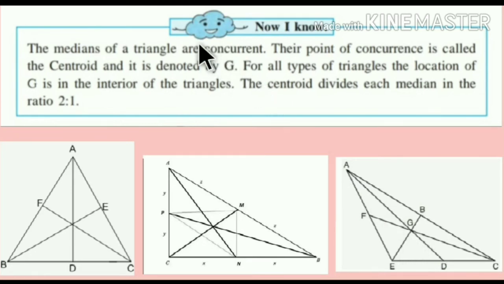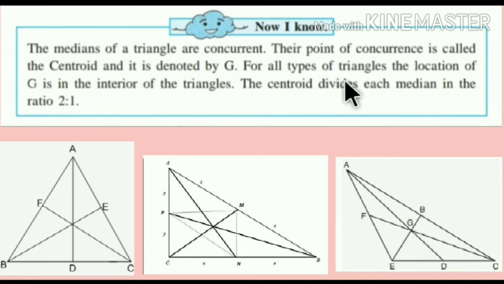By constructing, now I know the medians of a triangle are concurrent. Their point of concurrence is called the centroid.